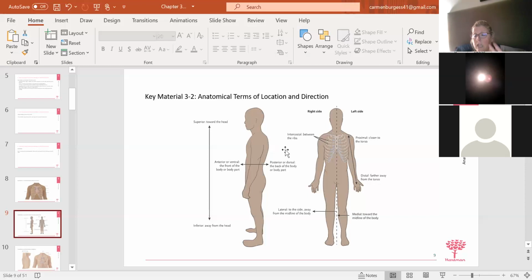So everything is a relationship. Distal is farther away from your torso, and proximal is closer to your torso. Like your distal radial artery where you feel your pulse. That's distal because it's away from your torso.